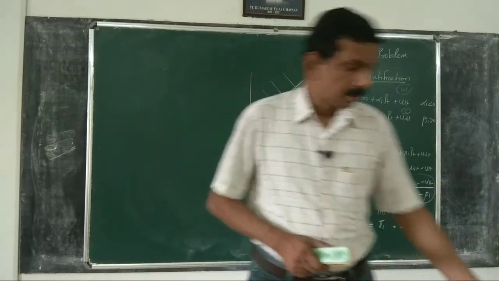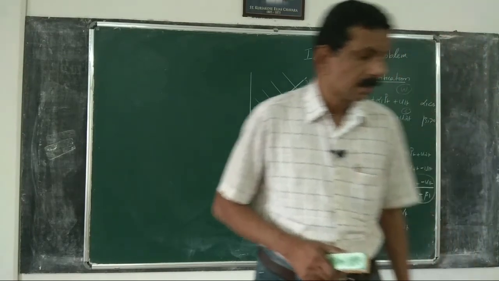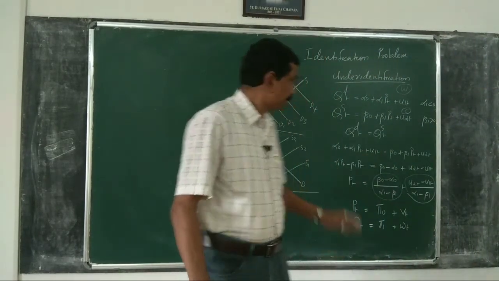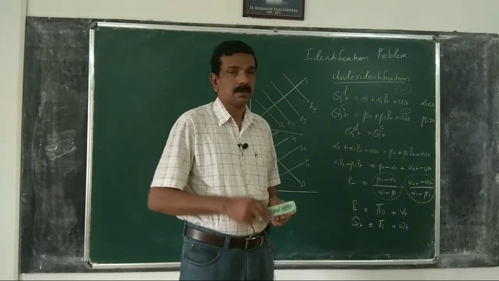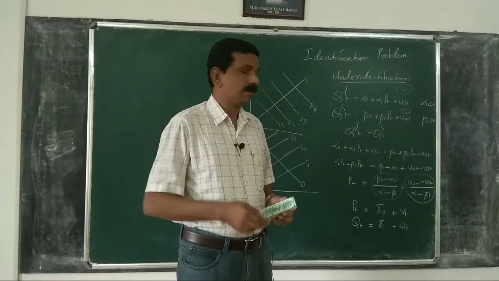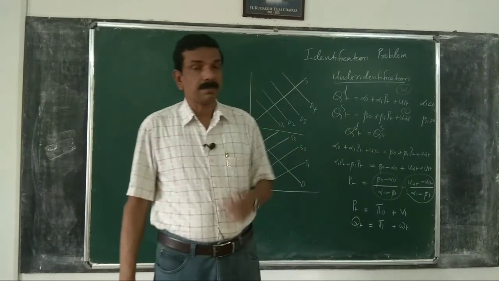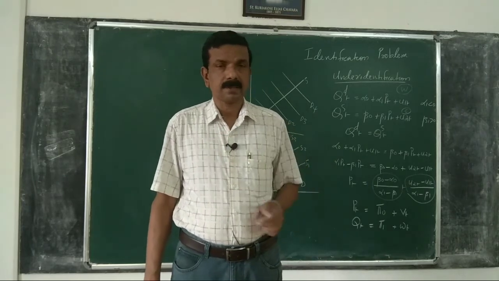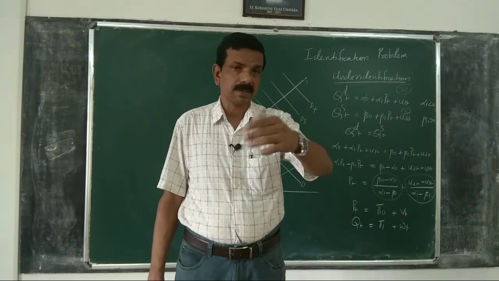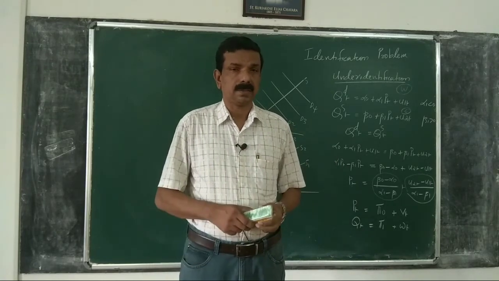So the point is, if we have information on quantity and price only and no other information, neither the demand equation nor the supply equation is identified. For identification of either the demand equation or the supply equation, additional information is required.